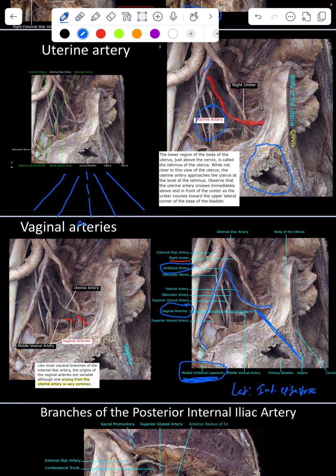This is the median. This is medial. And this is lateral. And the other side will be medial and lateral. So this right here is what gives rise to your umbilical arteries on each side. So if she asks, that's what it is. And you can see here, this is your medial umbilical ligament, gives rise to this umbilical artery. And then we saw the vaginal artery comes off the uterine artery.